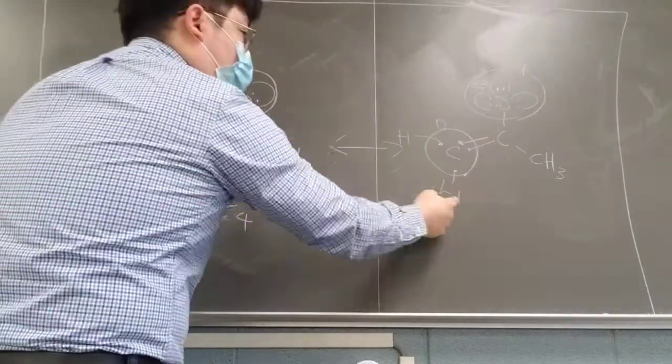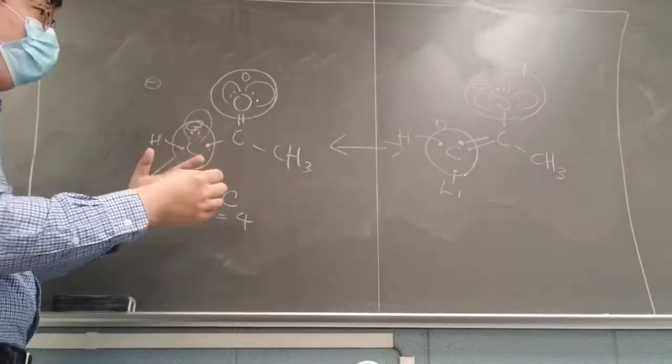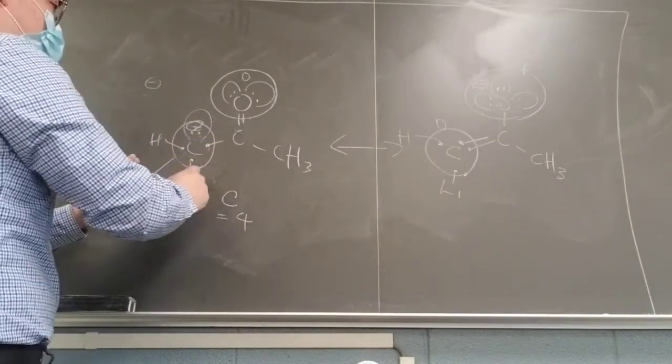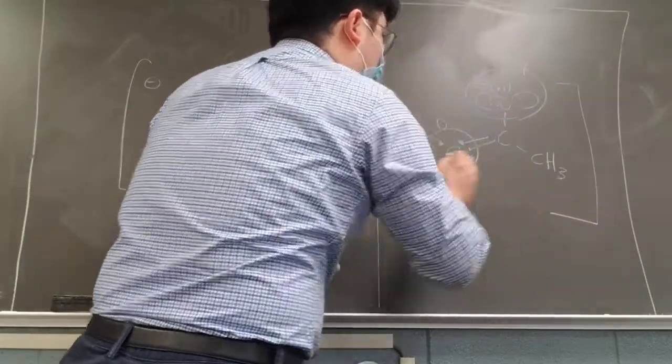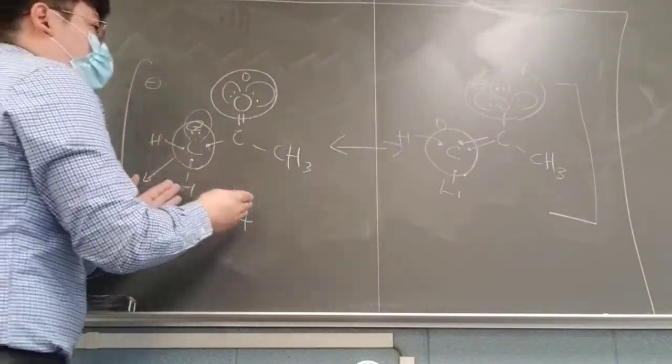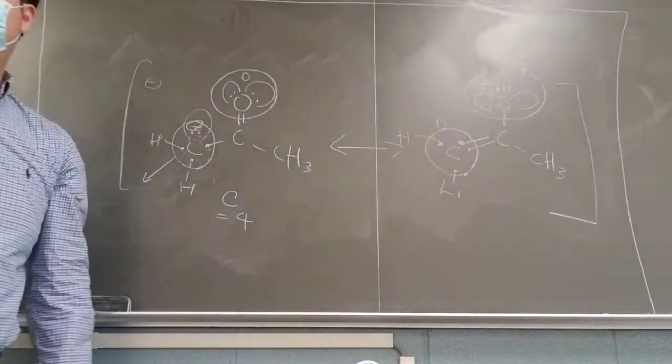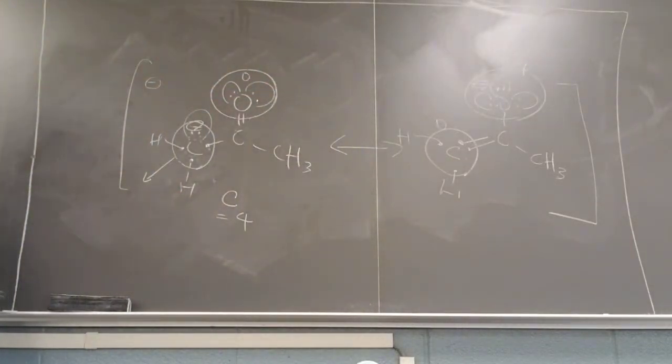These are 2 possible structures you can have for the same compound, and you can put each one as an individual resonance structure, so they can go back and forth between here and here. This is an example of resonance structures.